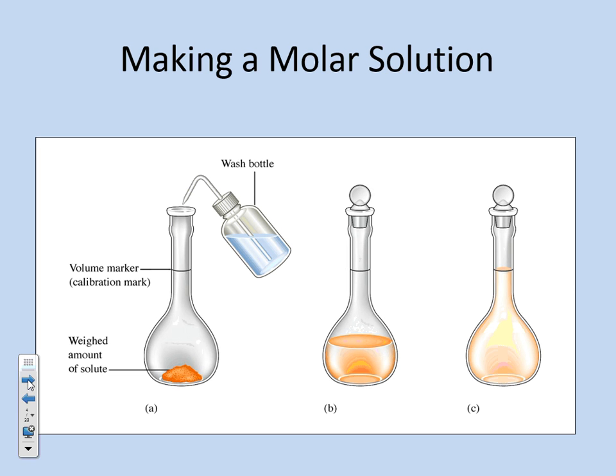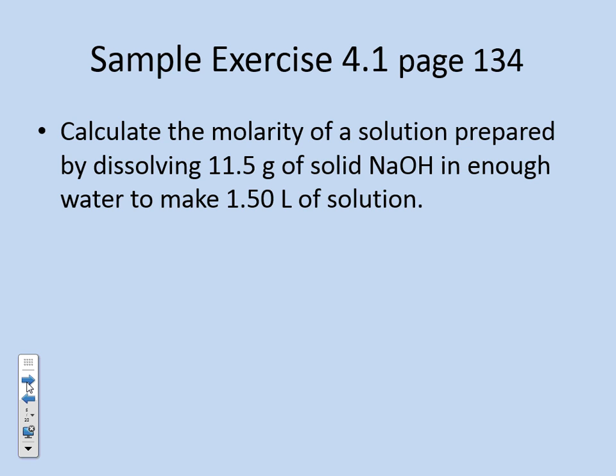To make a molar solution, you can take your solid, place it in your volumetric flask, and then add deionized water, or distilled water, fill it up partway, dissolve your solid, and then, shaking periodically, fill it up to the mark. And that mark represents 1 liter of solution of whatever concentration you've been making.